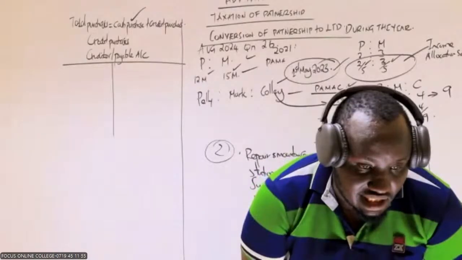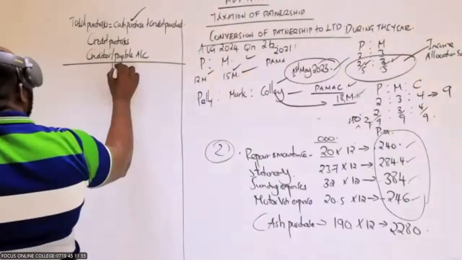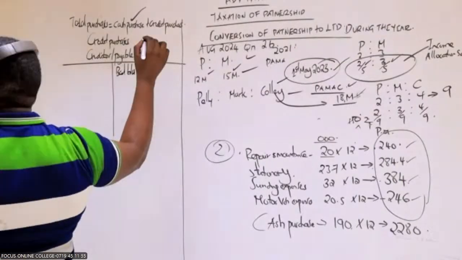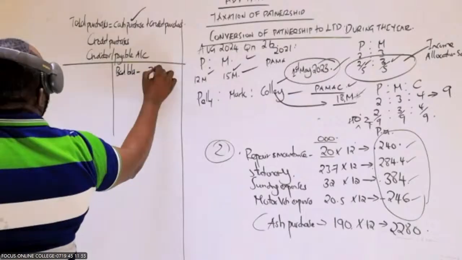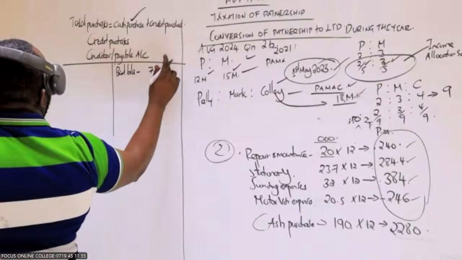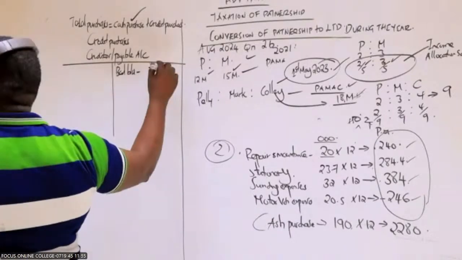We credit. Why? Because it's a liability. So payable balance breakdown, we credit, and the figure is 72.